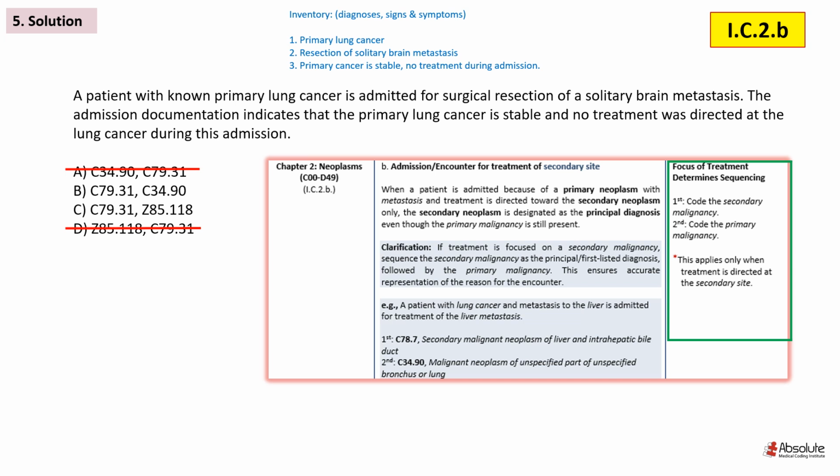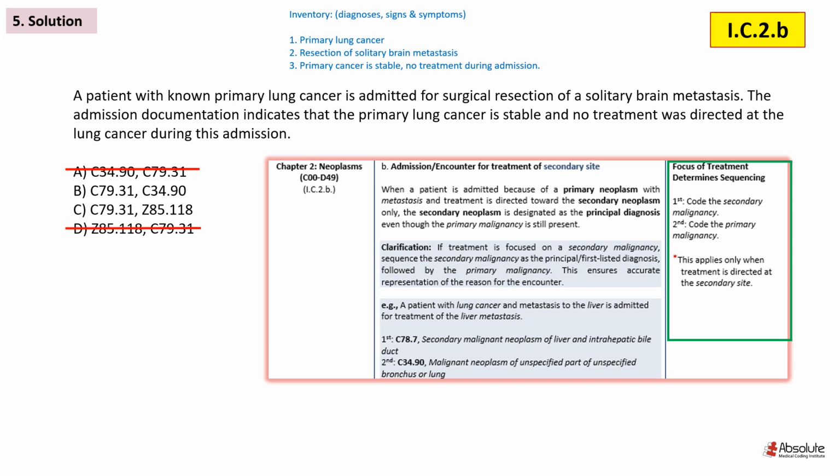Now, B and C, they're different because B is sequencing the primary cancer second, as well as C is sequencing some personal history of cancer second. And our guideline says you're going to sequence the primary cancer second. So right off the bat, B is correct.